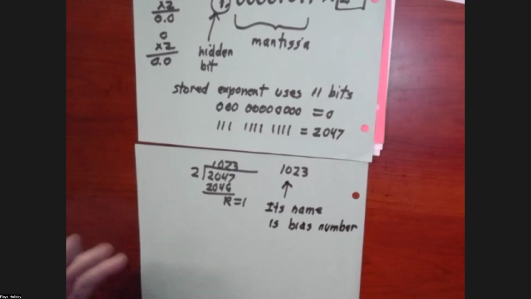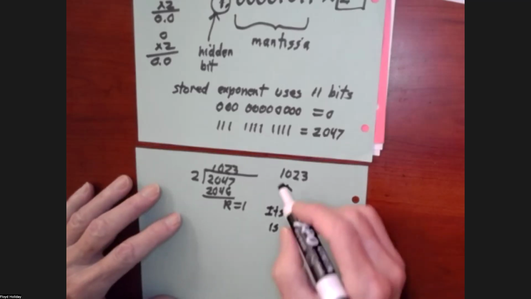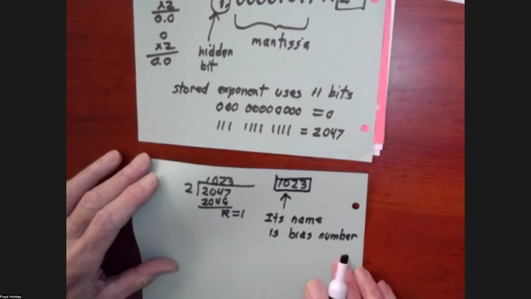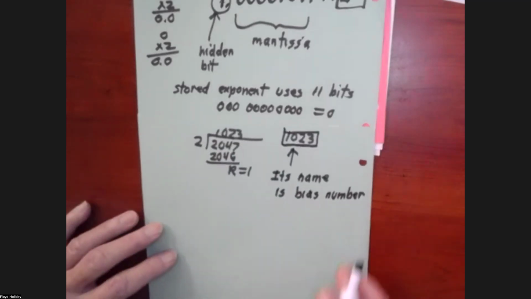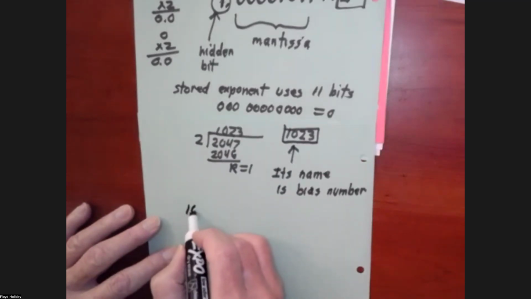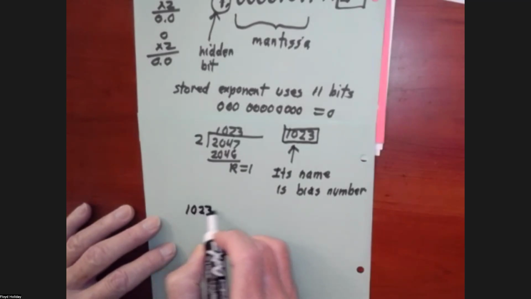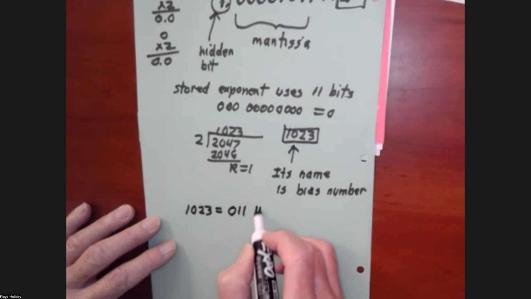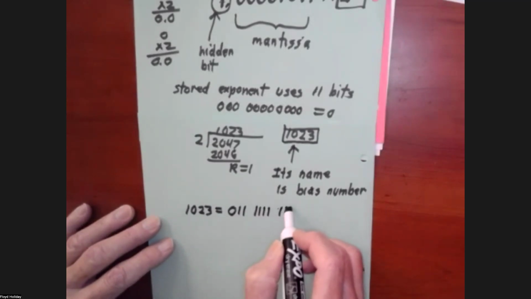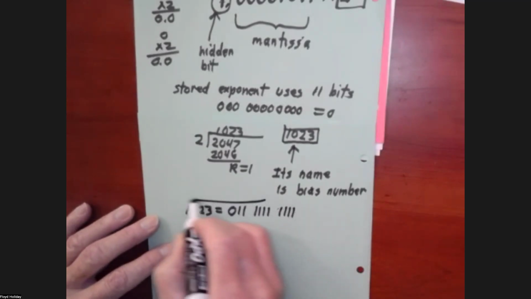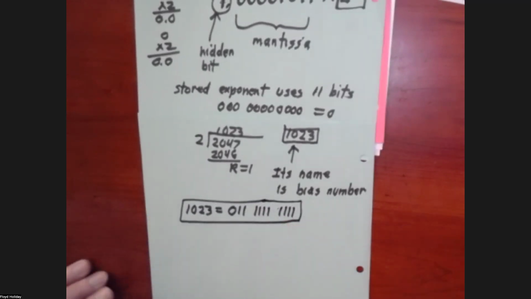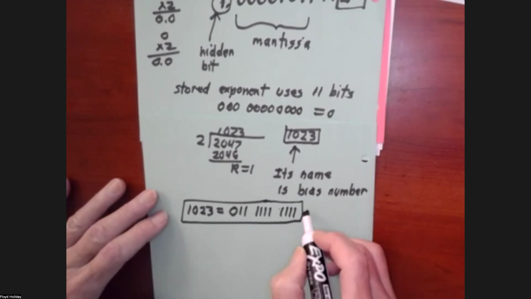They have a different bias number, but for us, this is king. If you're wondering, what is 1023 in binary? It is a single 0 and 10 ones.